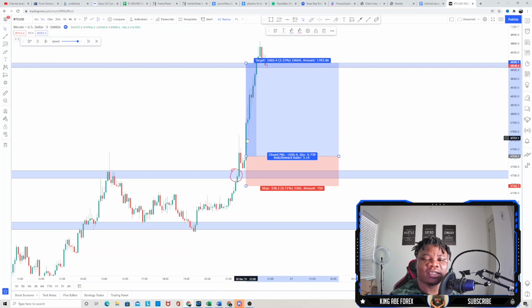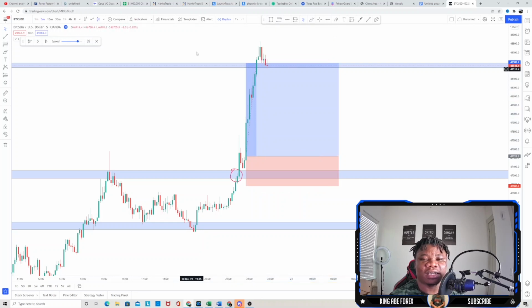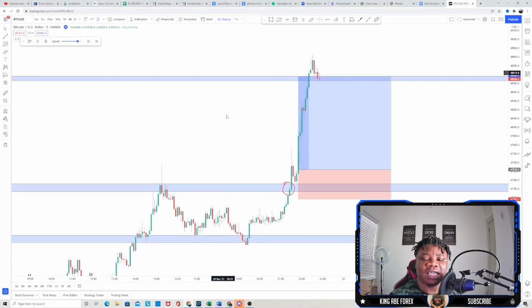And as price keeps going in my direction, I will just keep moving my stop loss until the market actually takes me out, and then I made my money and I'm out of the trade. So this is how you use this strategy to take a buy position.